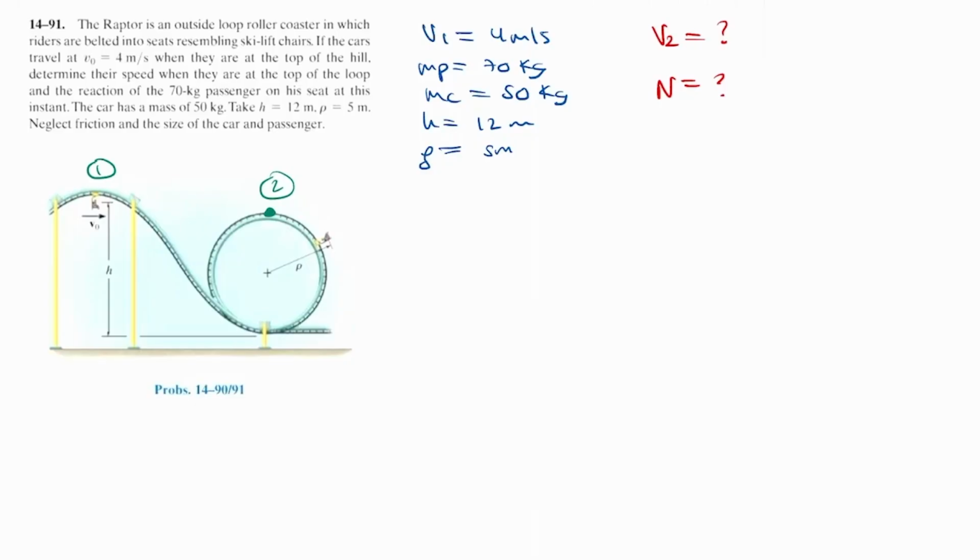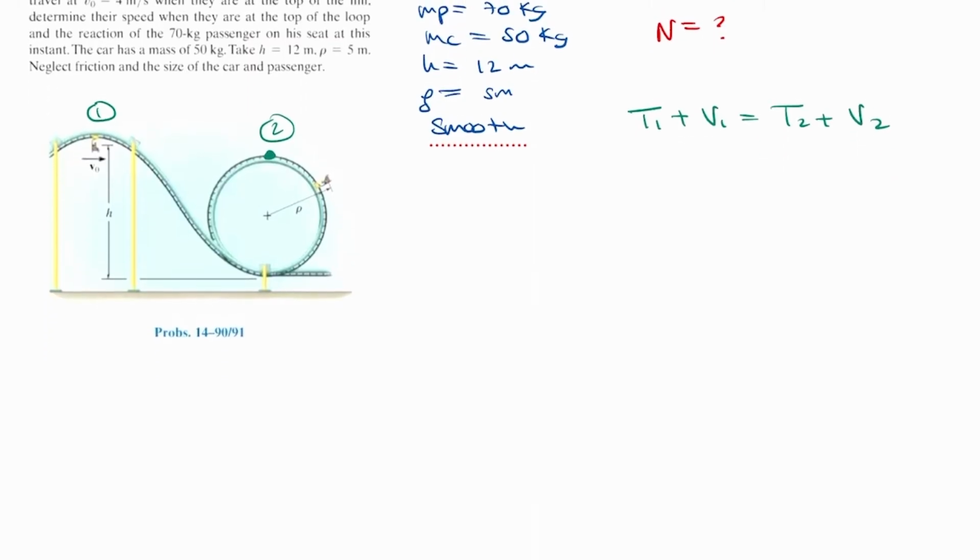Since this is smooth, so no friction, only conservative forces, using conservation of energy we'll have T1 plus V1 equals T2 plus V2. So that is the equation that we have right here for this problem.